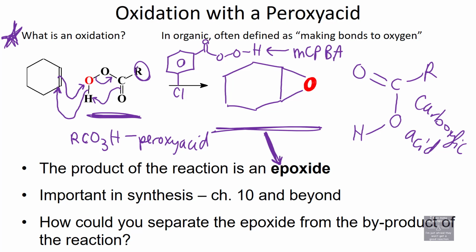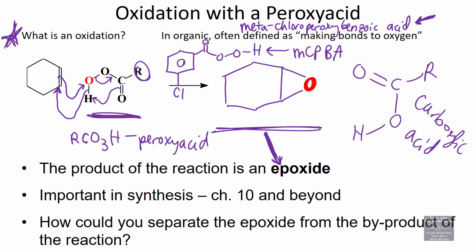His acronym is MCPBA because his name is really long. His name is metachloroperoxybenzoic acid. He's one of the most famous peroxy acids, because he's a solid at room temperature, and he's a pretty stable peroxy acid. A lot of other peroxy acids are not so stable.